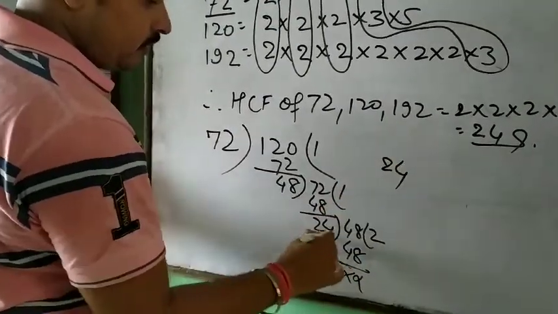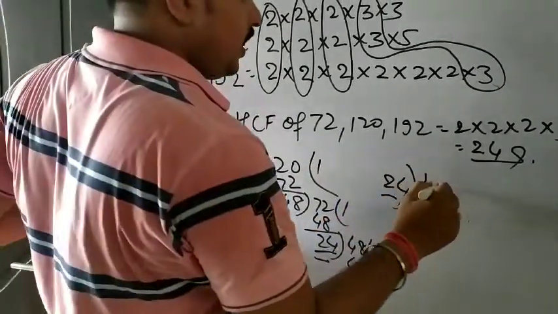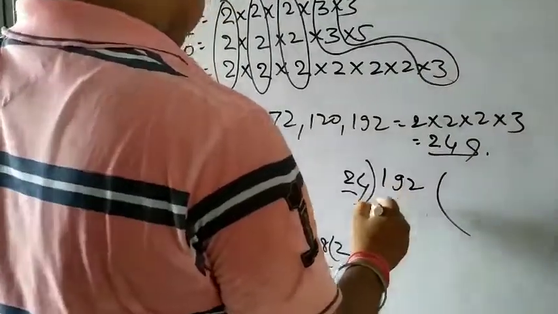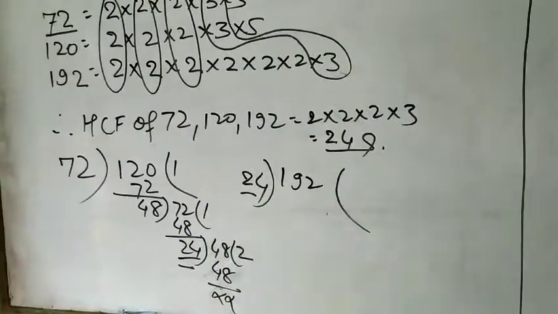Now 24 is the divisor and the largest number is 192.